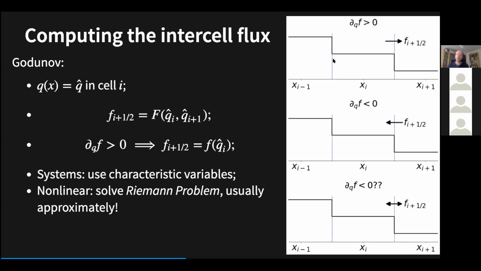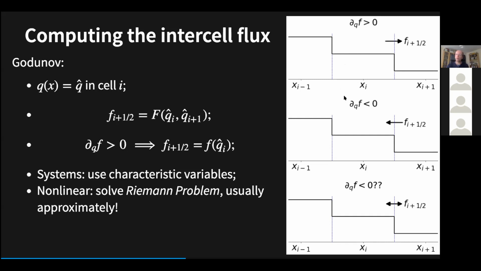As we said, in the finite volume approach you store the integral average. In order to evaluate the solution at any one point, we have to make an assumption as to how the solution behaves. So here the assumption is made that Q of X is given by the cell integral average, Q hat.